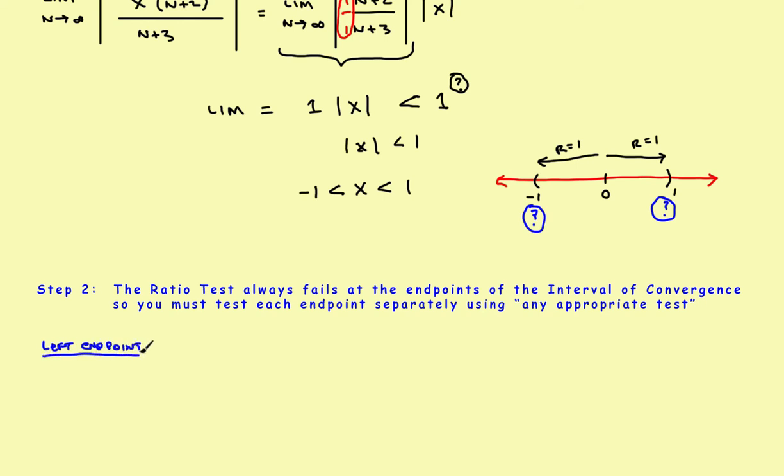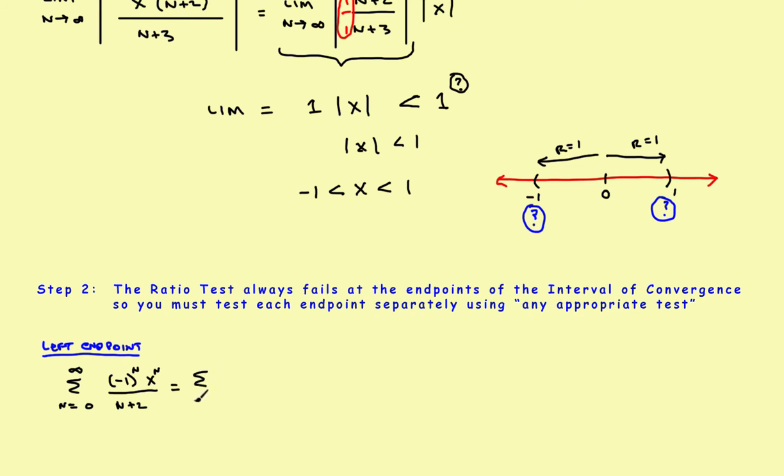So the left endpoint is going to be the summation as n equals 0 to infinity of, and the original problem was this, minus 1 to the n times x to the n divided by n plus 2. So when you test it at the left endpoint, all you do is replace x with the value of the left endpoint, which is negative 1.